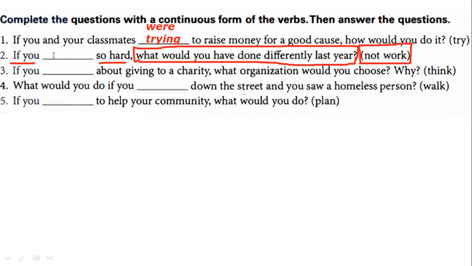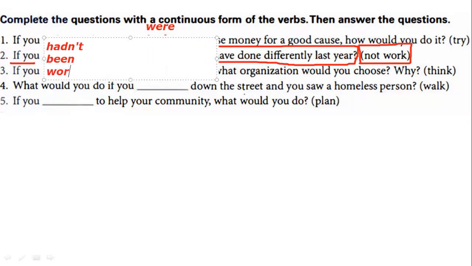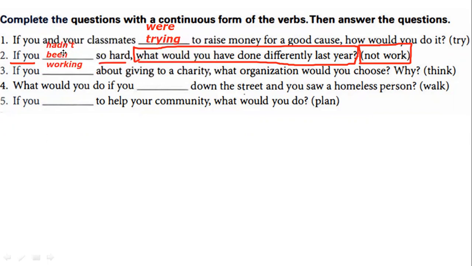So, hadn't again. Hadn't been working. Perfect. Good job. Thank you.